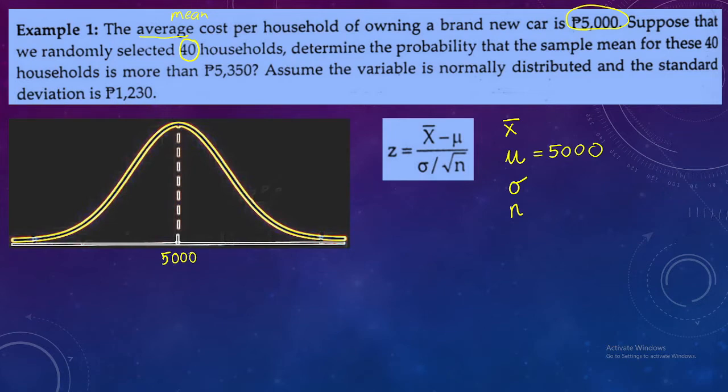Now let's go to the second sentence. Suppose that we randomly select. We randomly select. Remember the word random sampling. So what is this 40 over here? What does 40 represent over here?